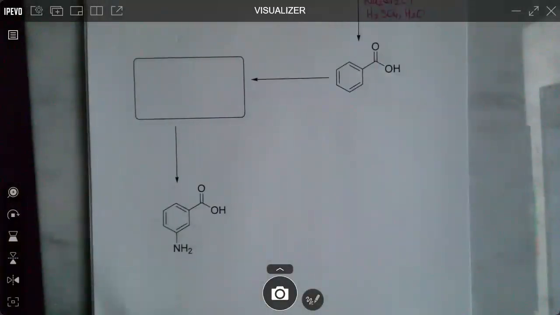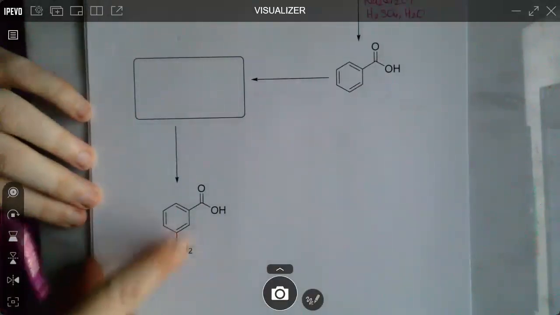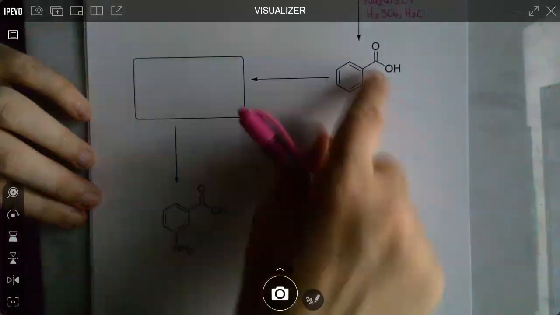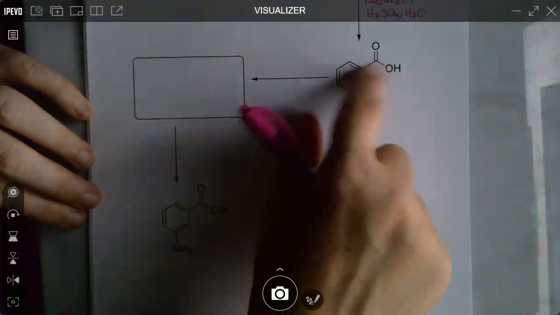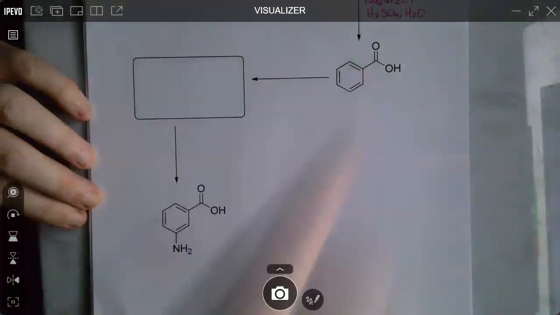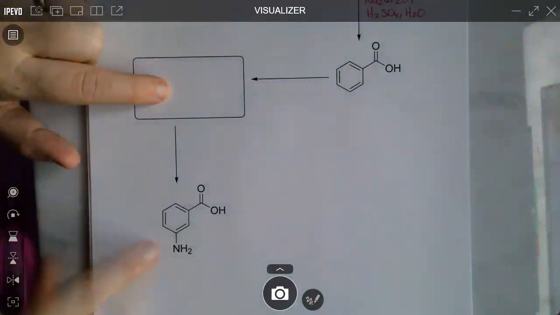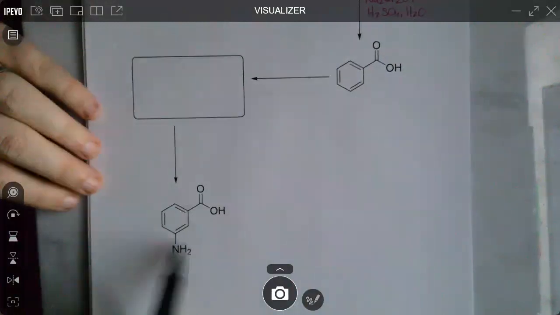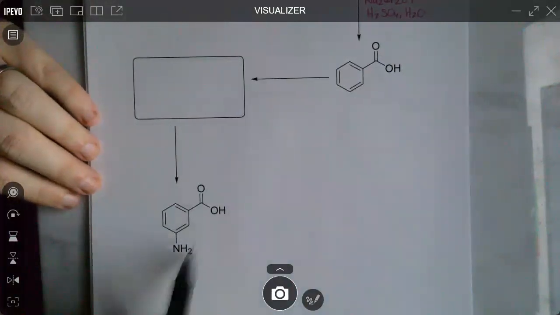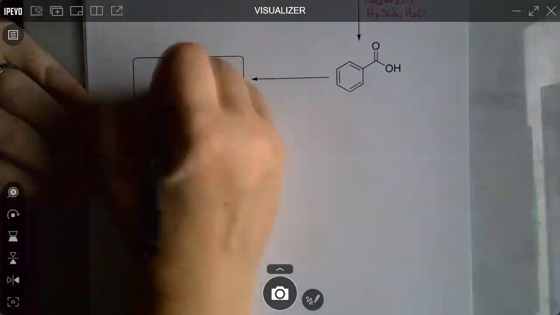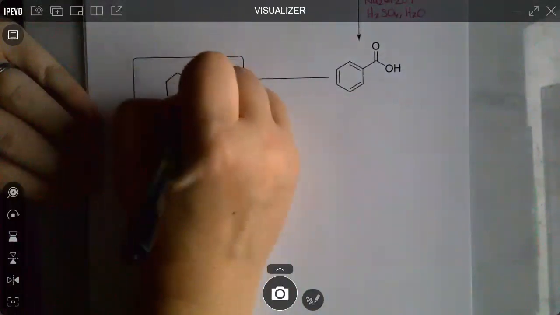Okay, then from the carboxylic acid, we want to introduce an amino group, meta. Luckily, this is a moderate deactivator and meta director. So we'll be able to introduce a group that we can then convert to the amino group. So the way we get an NH2 group, or an aniline derivative, is through a nitro.